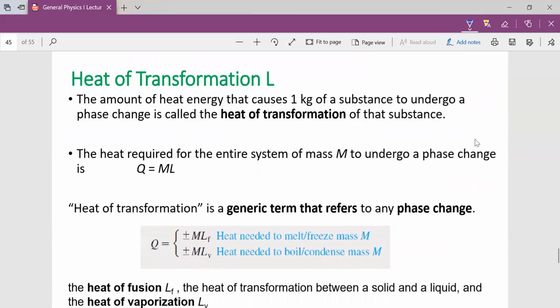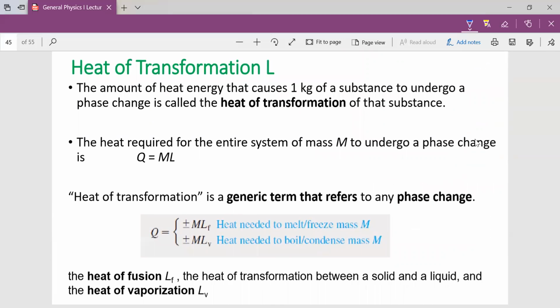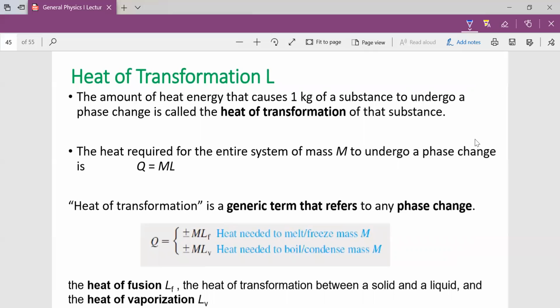So we move on to another part, which is the heat of transformation, okay? Now we are seeing L in many forms, as the presentation of coefficient or linear thermal coefficient and so on, but don't be confused.